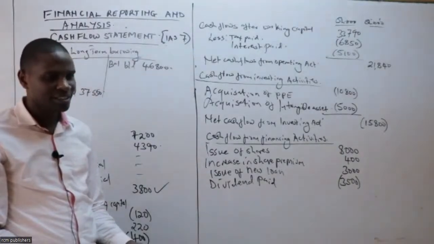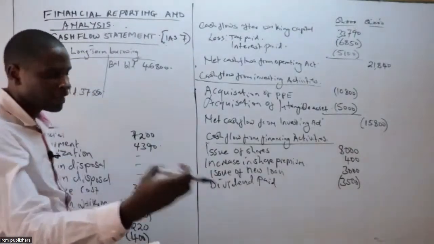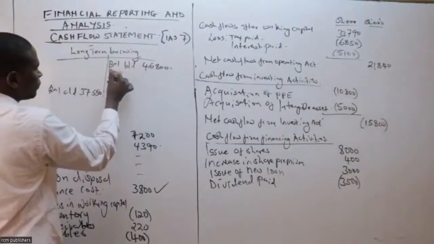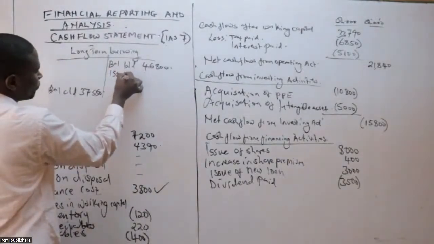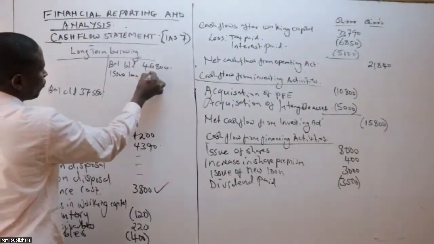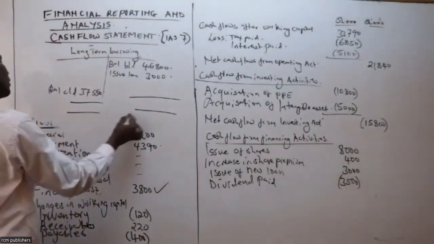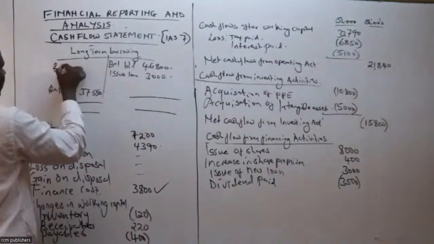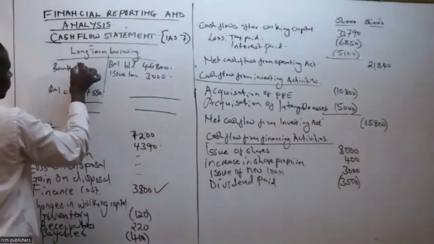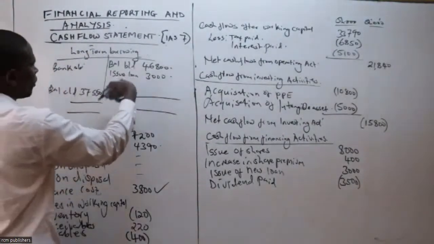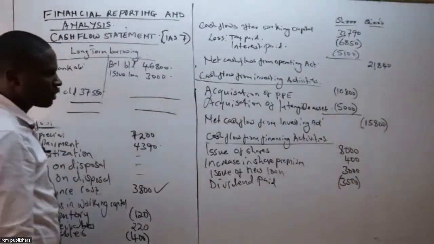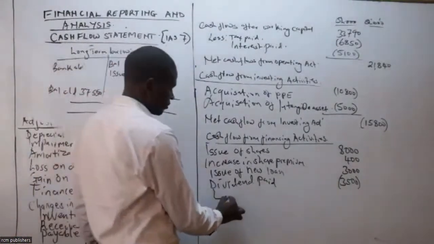If you look at that statement, if we issue, it will increase our loan. So issue of 3,000. So the balancing figure means they paid the loan. How much loan did they pay? Give me the balancing figure so we see what they paid. So loan paid.